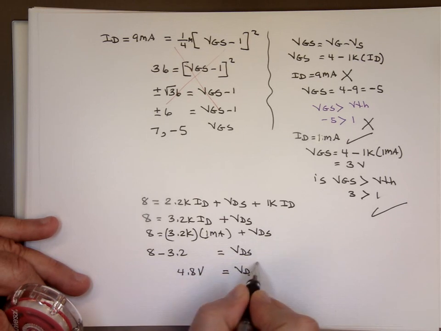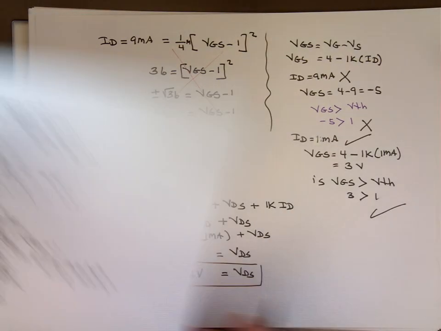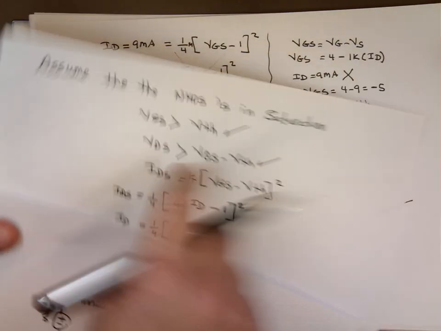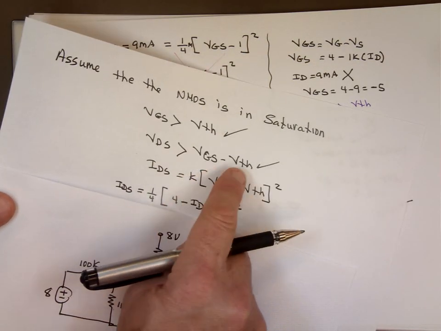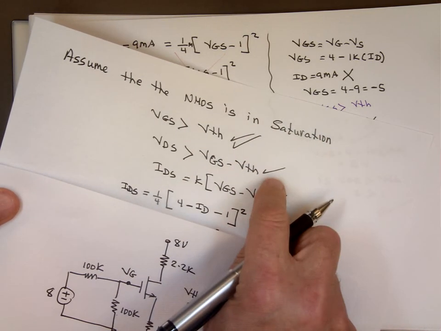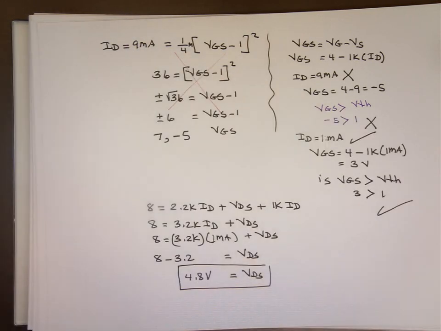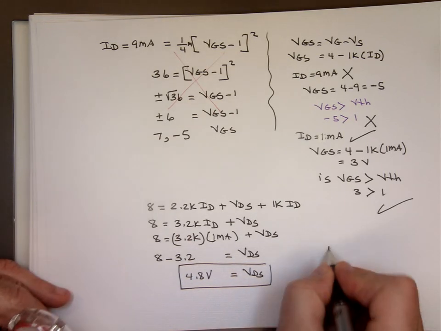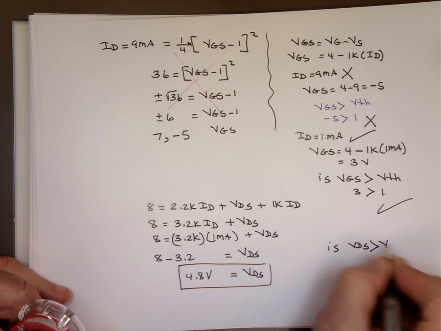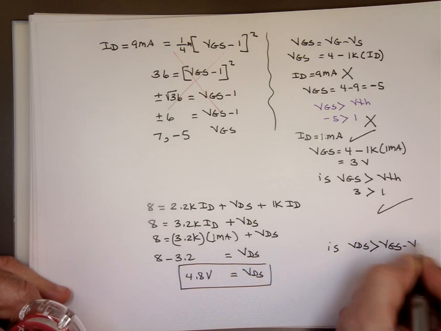Let's see if I'm good. I still need to validate this condition. Is VDS bigger than VGS minus V threshold? I satisfied the other one already, so I need to check this one. Is VDS greater than VGS minus V threshold? That's 4.8.